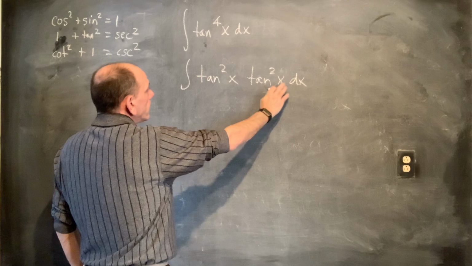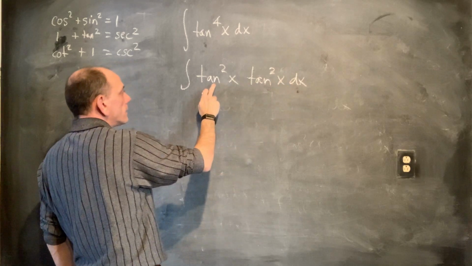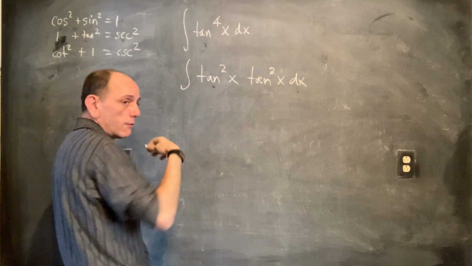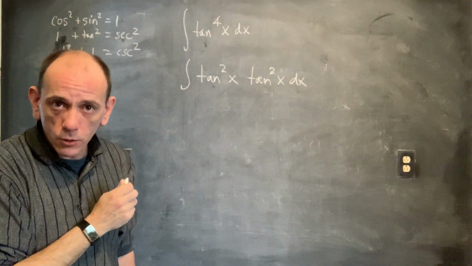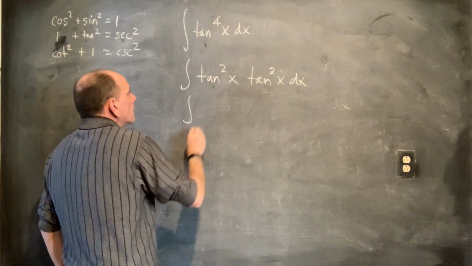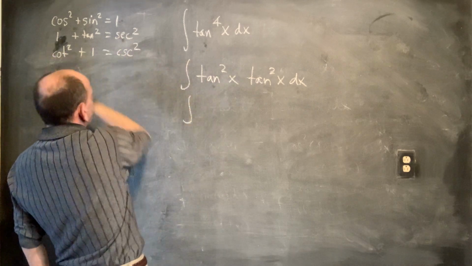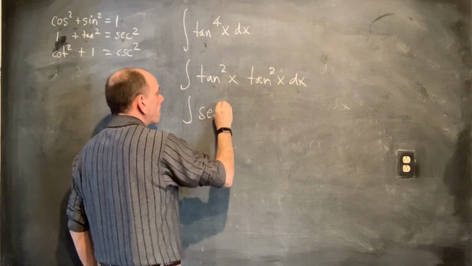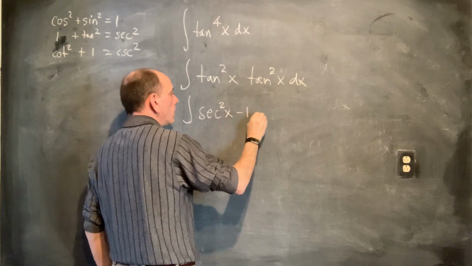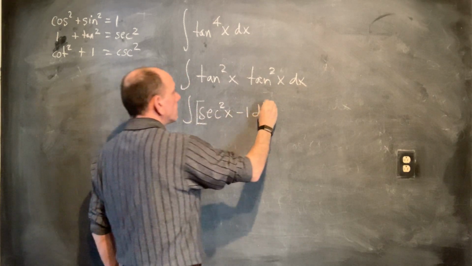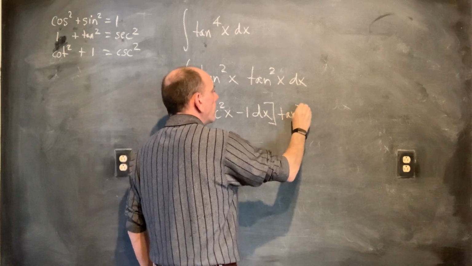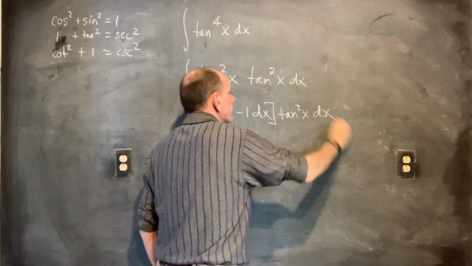So I pulled one of the tan squares out, and I've got a tan square here that I want to convert in order to get those secant squareds involved, so that I can try to do a u sub. Tan square is secant squared minus 1. Secant squared minus 1 dx times that tan square dx.